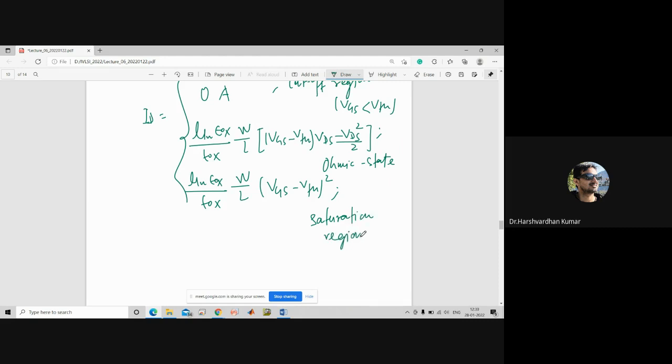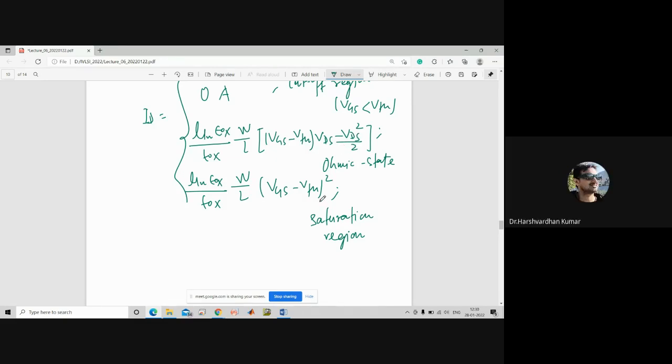From where did you get to know that? Sir, we will put VDS is equal to VGS minus VTH in the ohmic state equation. Yes, sir. So it is already by 2, VDS square by 2 only, not whole. Yeah, we will put VDS is equal to VGS minus VTH in this equation.